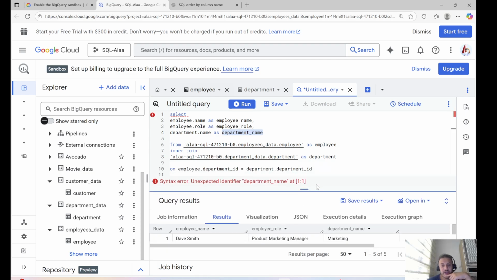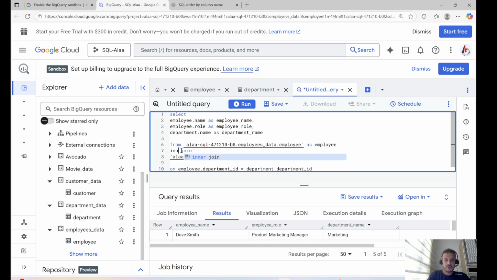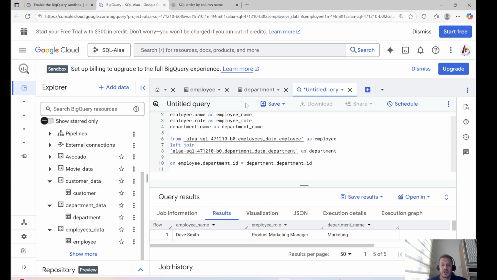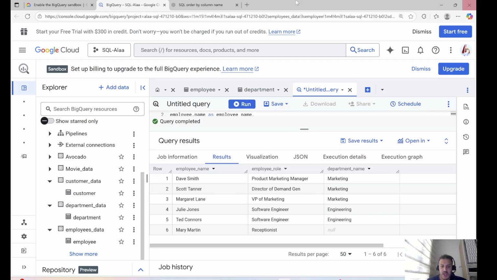Now I'm going to try the left join. It will give us all the information in employee, and only the matching part in department name.